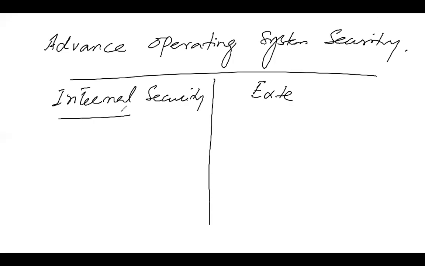So we can divide security into two forms: internal security and external security.